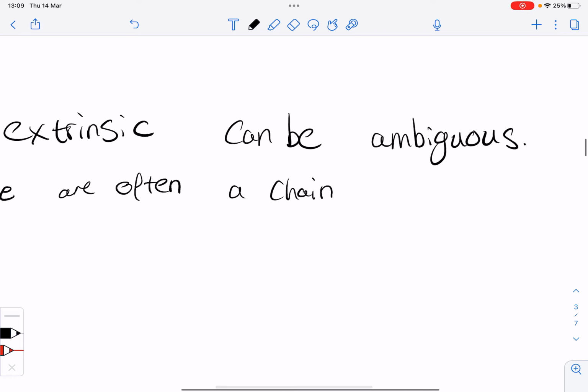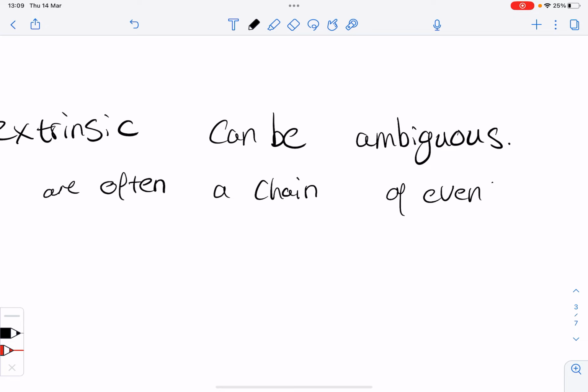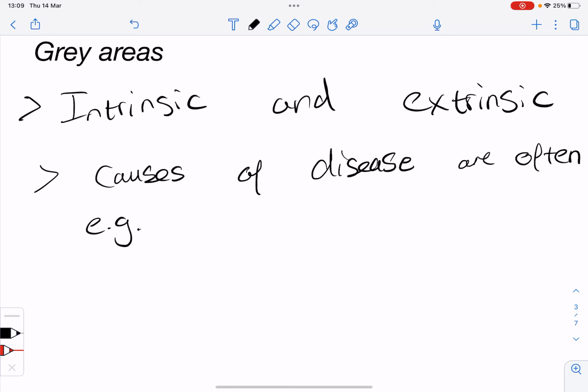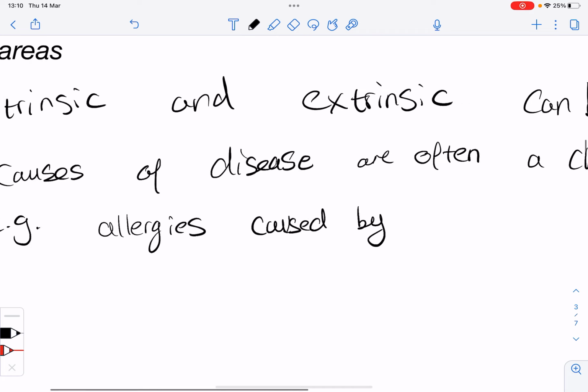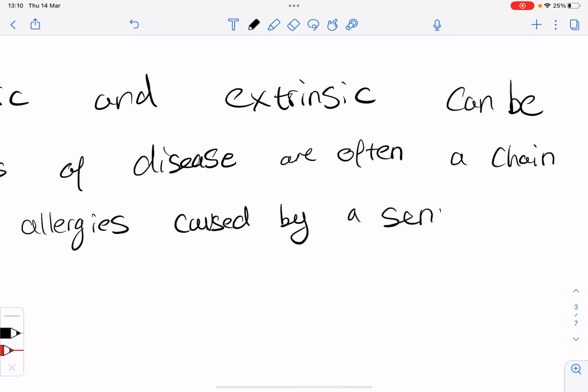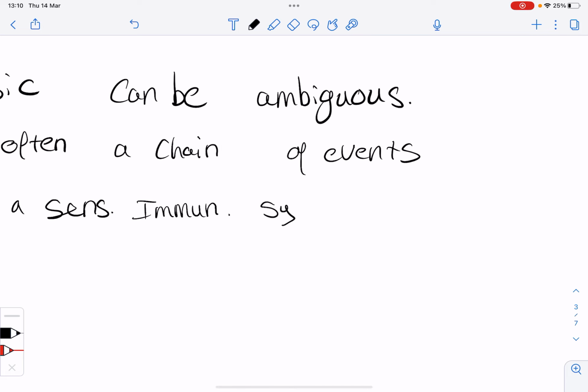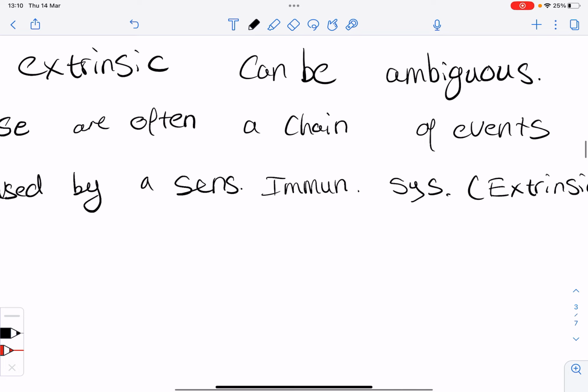An example is allergies caused by a sensitive immune system, and the preceding allergen.